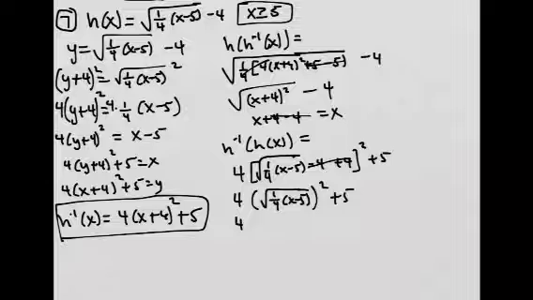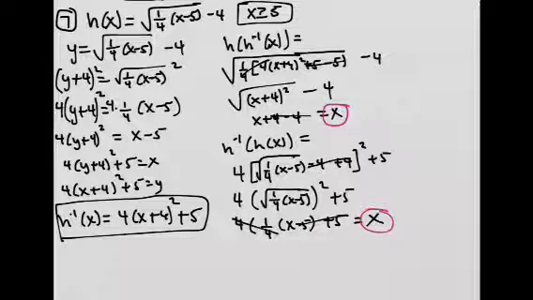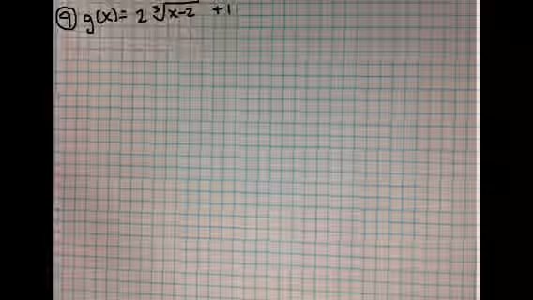So 4 times 1/4 x minus 5 plus 5. Okay, so the square root of a square gets rid of the radical. X over 4 over 1/4, or 4 over 4 is 1. And then we have negative 5 plus 5, that's 0. So we're left with x. So again, we got x for that composition, we got x for that composition, so that makes this answer right.